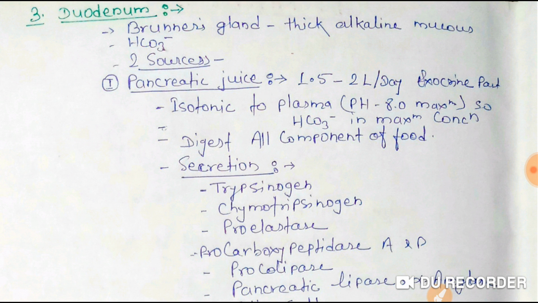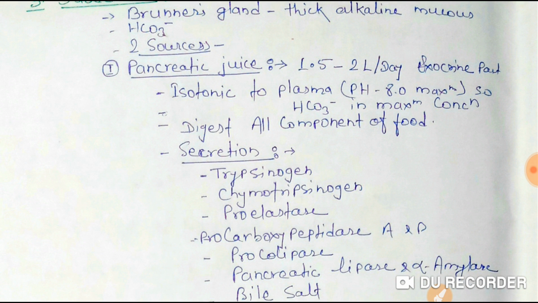The pancreatic juice secretion is isotonic to plasma, while the salivary secretion is hypotonic. The maximum pH of the pancreatic juice is 8. Because the pH is 8, the bicarbonate is in the maximum concentration.